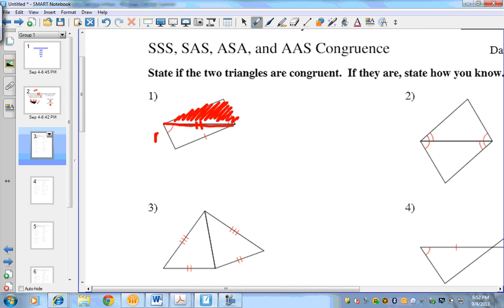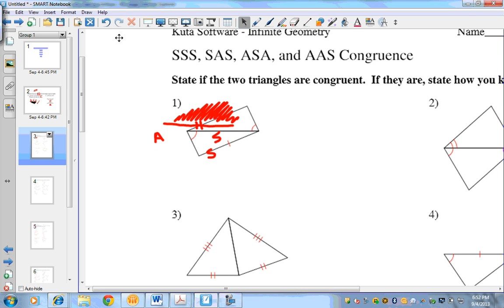We have an angle, and then we have two sides that are congruent. Now the question is, is this enough information to prove that this is a theorem? Well, let's find out. When we look, we notice that the angle is on the outside of the two sides. It's not in between them. And there is no theorem that shows that.